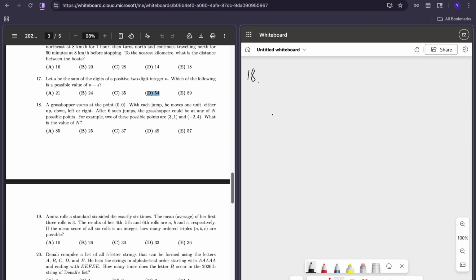Okay, we first draw a graph. This is 0, 0, x, y, and we know x plus y equals 6, or x plus y equals 4.